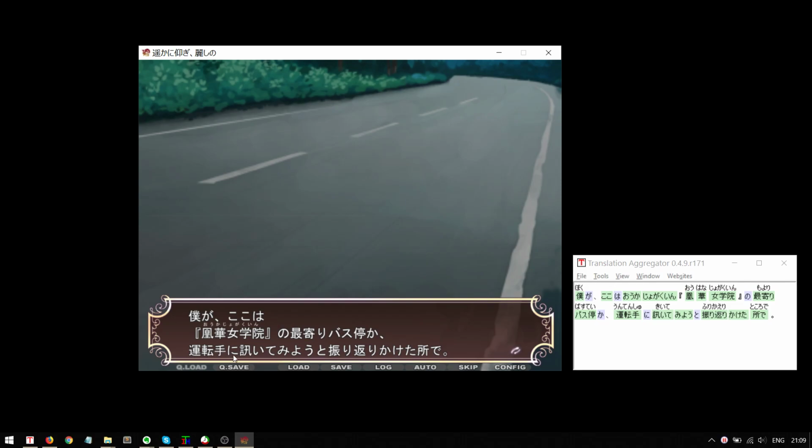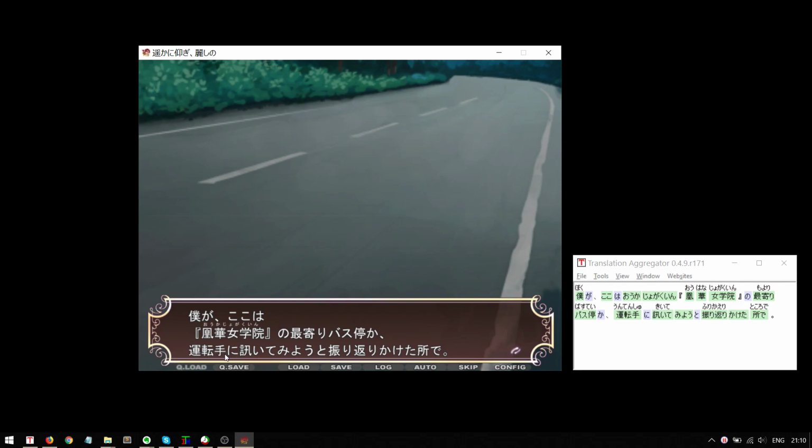So, 運転手に聞いてみようと. First, you have 聞く, which is to ask. 聞いてみる is to give asking a try. てみる means to try doing something, to give it a try. Now, instead of miru becoming miyo, this is volitional form plus to. This means to try to do something.